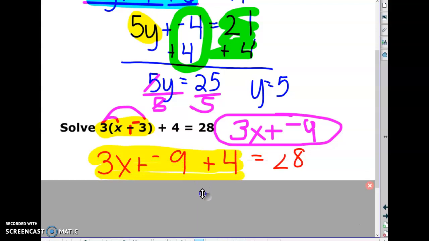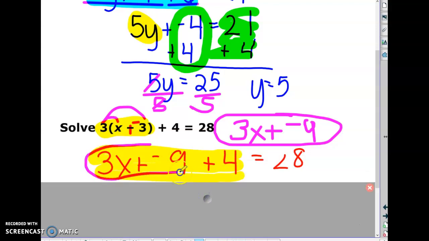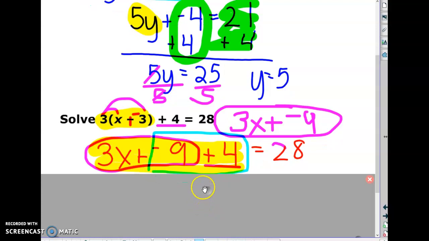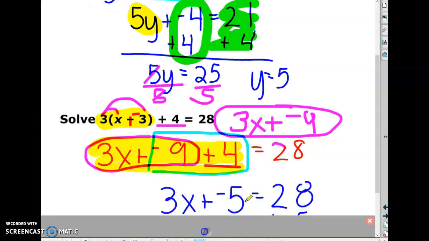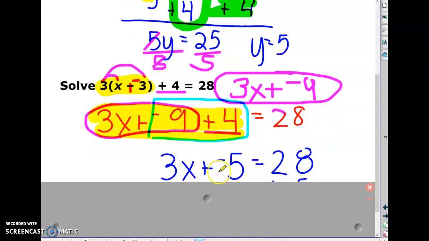As I write it down below, here is my 3x plus negative 9 plus 4 is equal to, oops, this should be a 28. Okay, now I'm going to look, can I put anything together? Well, yes I can. I can put negative 9 and 4 together and get a negative 5. So now my equation is going to say 3x plus a negative 5 is equal to 28.